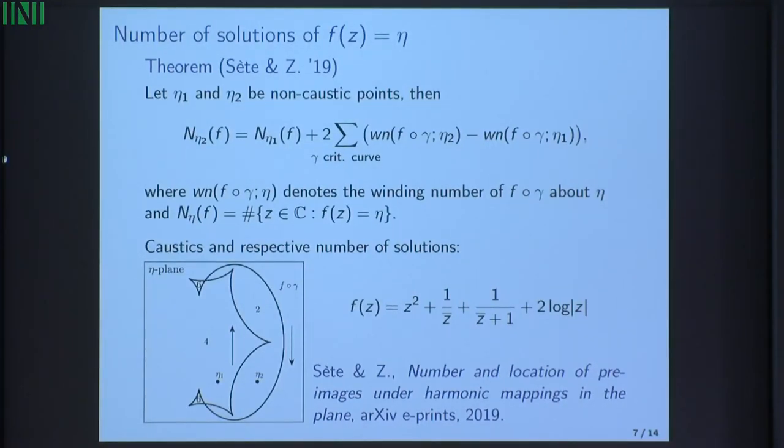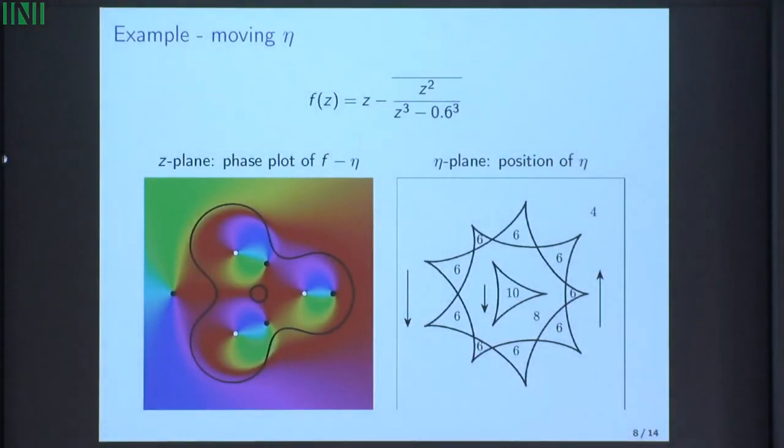If we now consider eta as a continuous parameter, I can show you another example. We have here a harmonic mapping with 3 poles. Displayed on the left is the z-plane with the phase plot of f minus eta, and the zeros of f minus eta are, of course, the solutions of f of z is equal to eta. The solutions are the black dots, and the poles are the white ones. And this is the critical curves.